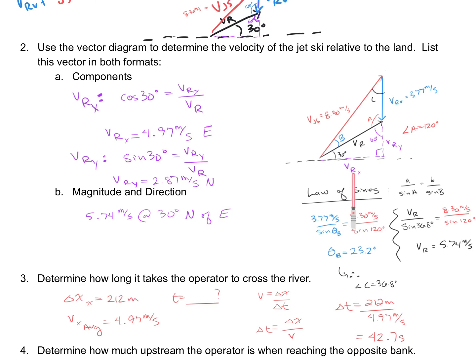We know that the x component of the resultant is actually the same as the x component of the jet ski. And we could figure out this angle, which is exterior to the triangle. But if you know that the components of the resultant vector have a 30-degree angle on this side, this one's 90 degrees.